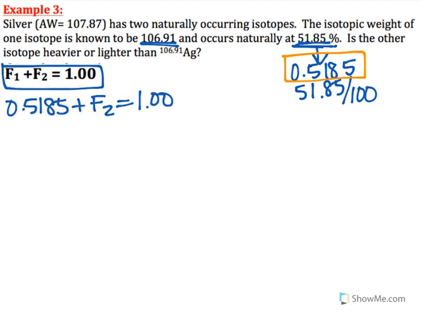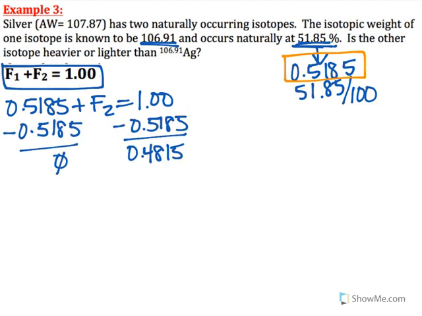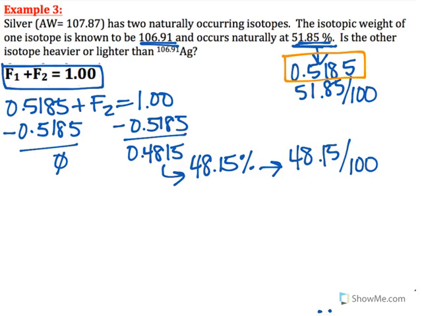And now we can subtract 0.5185 from both sides, and we get 0.4815. Now, remember, this can also be 48.15% or 48.15 over 100. Okay, so I'm just going to put it in decimal form: F2 equals 0.4815.